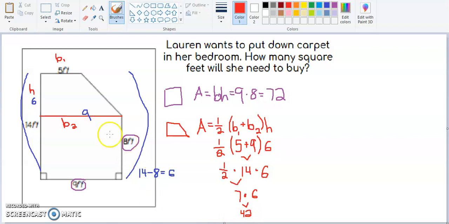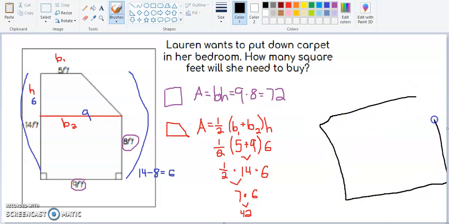So again, I've gotten the area of both of my two smaller shapes. Now I just need to add them together. So 72 plus 42.